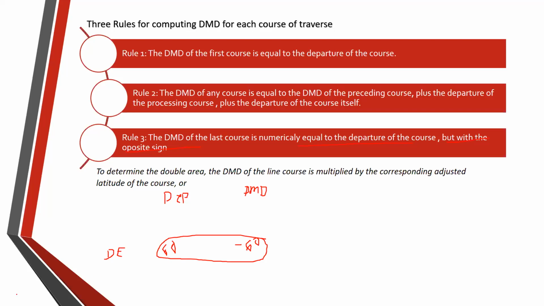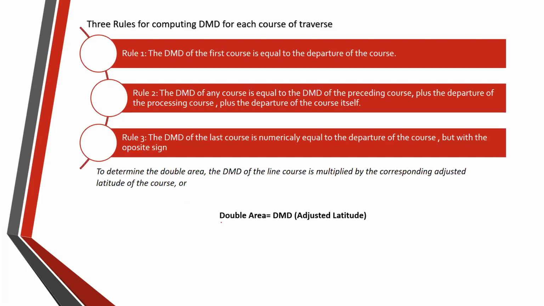Okay? Next, we have to determine the double area. The DMD of the line course is multiplied by the corresponding adjusted latitude of the course to get the double area. Since our DMD is double meridian distance, we can expect to have a double area.